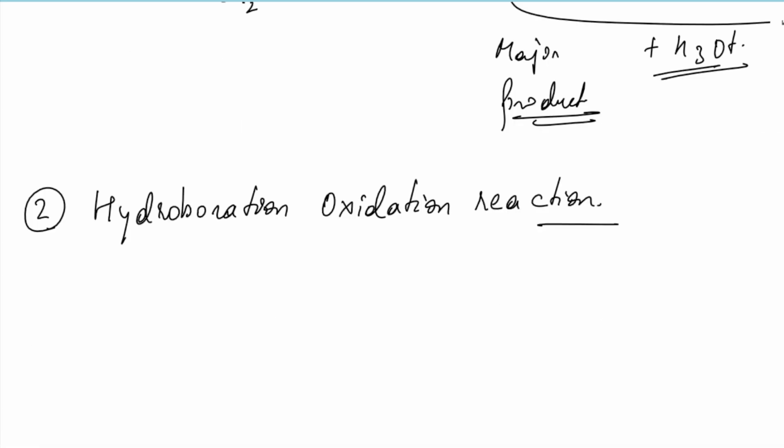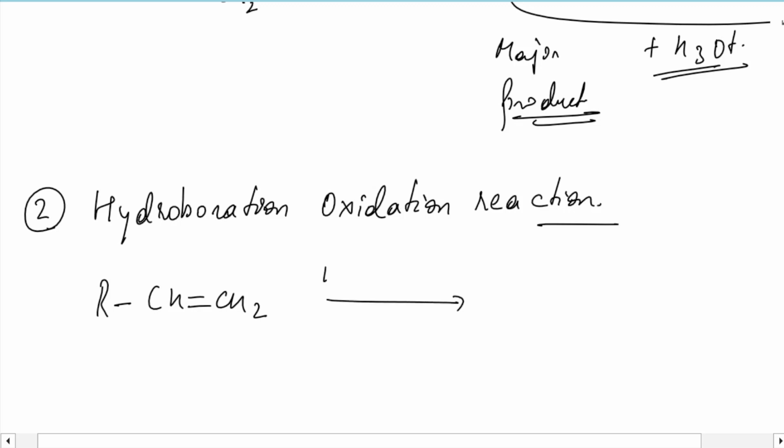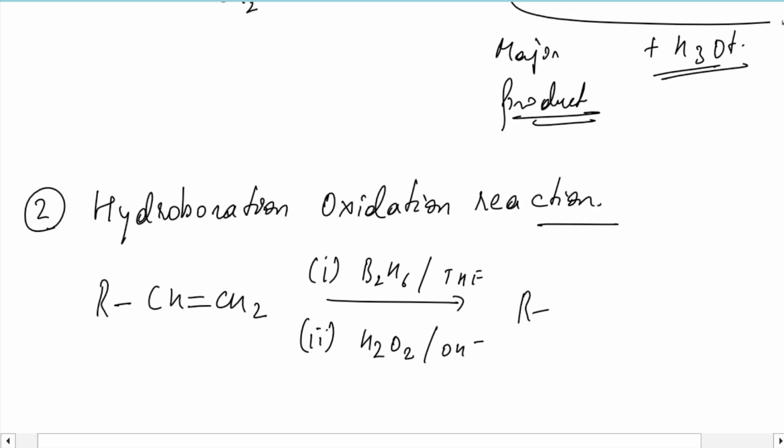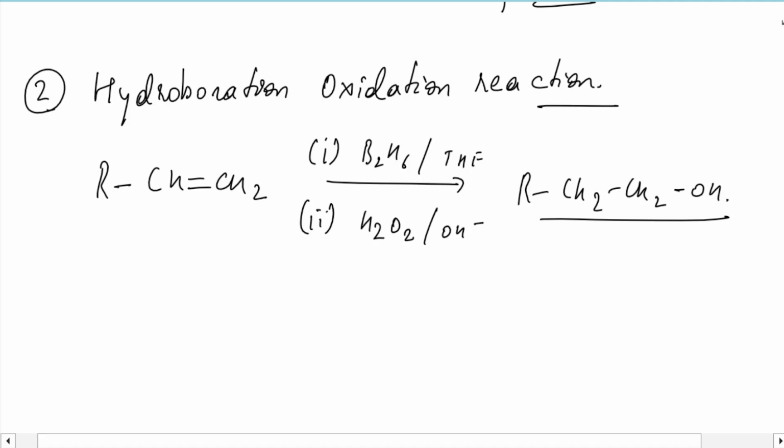The reagent we are using here: the alkene RCH double bond CH2 is reacted with B2H6 in the presence of THF, which is used as solvent, and then it is further reacted with H2O2 in the presence of OH negative. So the product formed here is the anti-Markovnikov product. That's RCH2CH2OH. Okay, that's a single product formed here. Okay, no major, no minor.